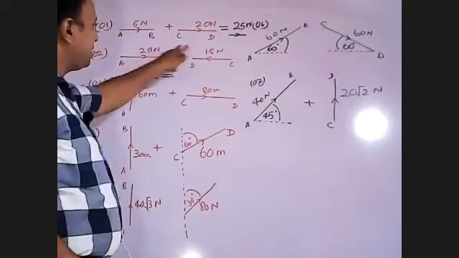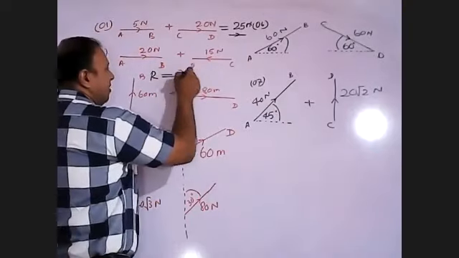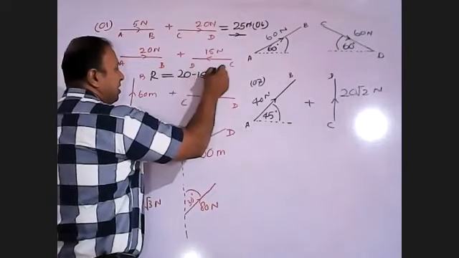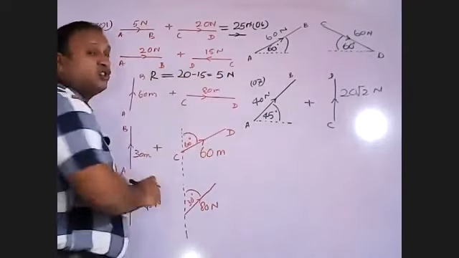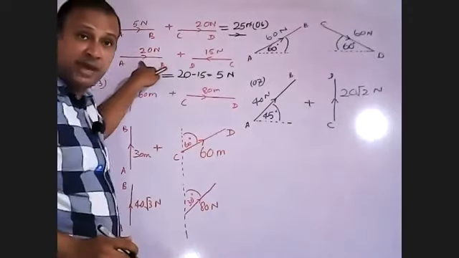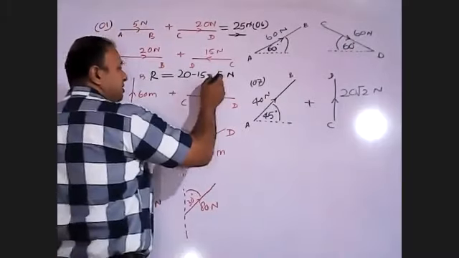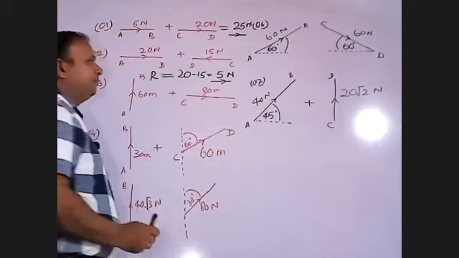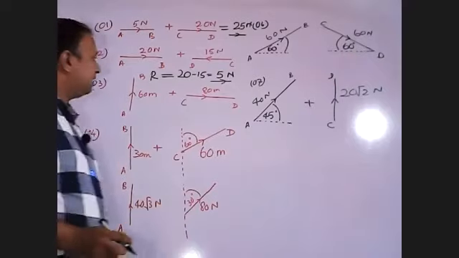That means 20 minus 15, which is 5 Newton. The direction is the direction of the larger vector, which is 20 Newton, so the direction is towards the right hand side.